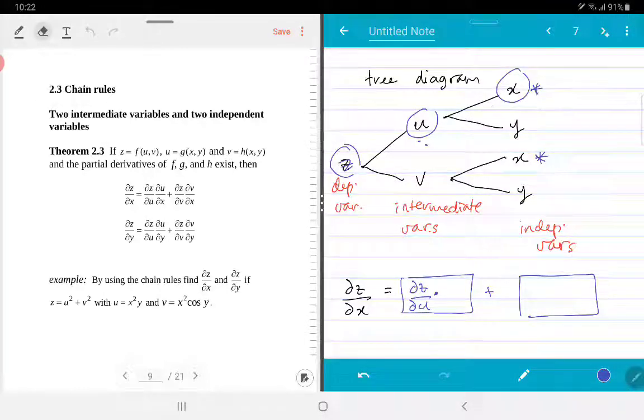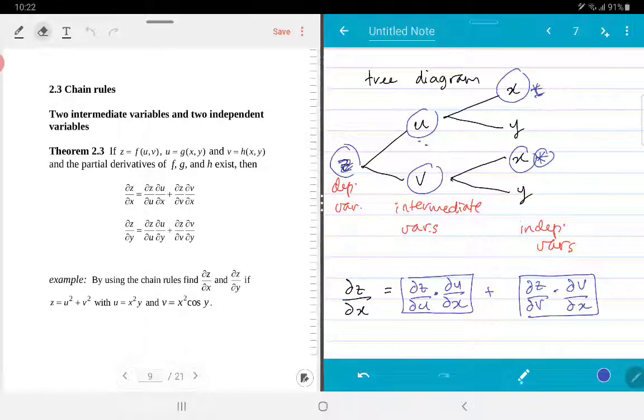And then from this u to that x, it's going to be partial u partial x. For the second term, we go to the second branch of x here. So to go from this z to that x, it has to go through v first. So the first branch is partial z partial v. And then from v here, we have partial v partial x.